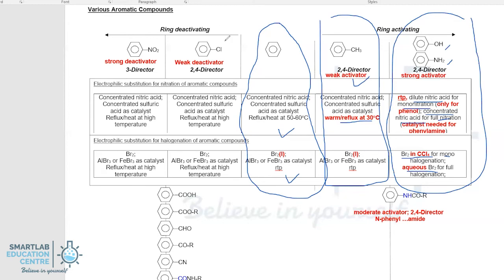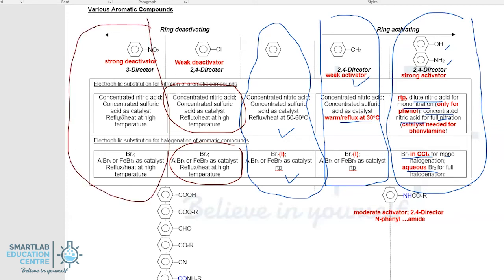On the other hand, when you look at your halogenobenzene, it's actually a weak deactivator, or it deactivates the benzene ring. It's a 2,4 director. So you can see that these are specifically its conditions. And last but not least, for nitrobenzene, bear in mind, it is a strong ring deactivator. And therefore, in the reactions itself, you need to have reflux or heat at high temperature.